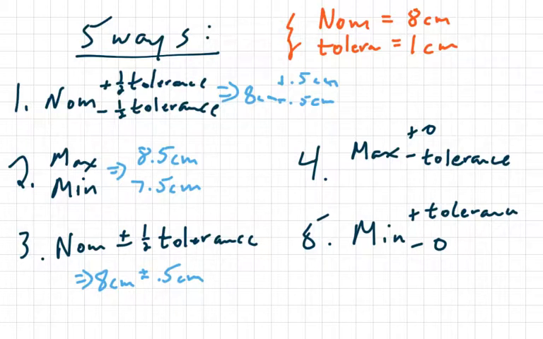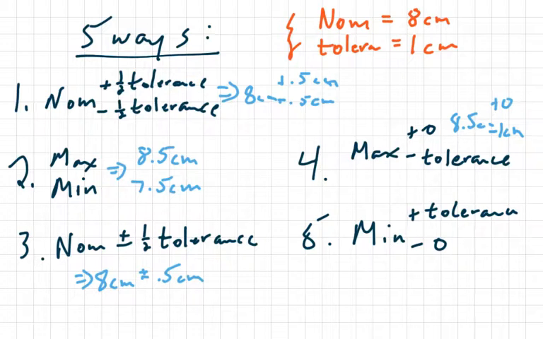Now, these are the rare ones, but they appear every once in a while. So instead of putting your nominal value down, a person puts their maximum because it's what they want, right? So they can say 9 centimeters. Or sorry, not 9. So 8.5 centimeters was our maximum, plus 0 minus 1 centimeter, right?